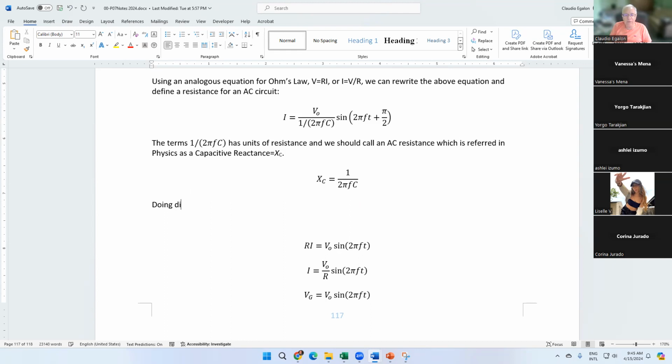Doing dimensional analysis, it is straightforward to see that the capacitive reactance has units of ohm.